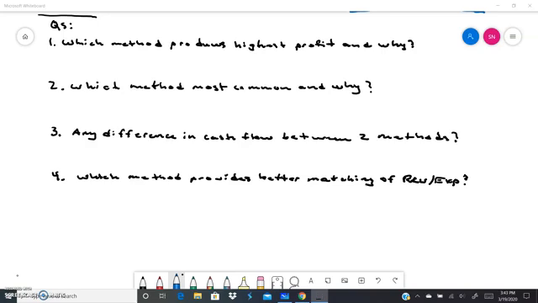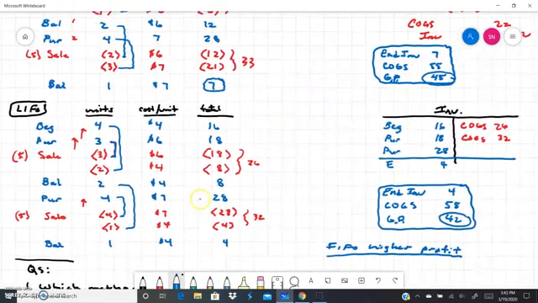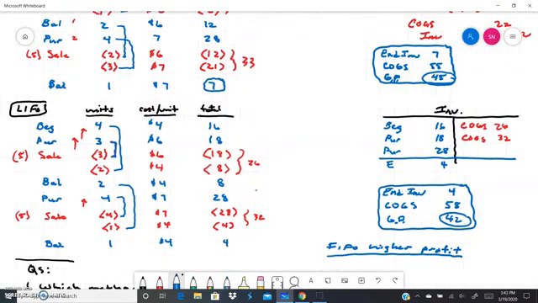And we can see from the previous lesson, and here I'll just scroll down, that if we look at these two scenarios, this is the FIFO scenario, and this is the LIFO scenario.